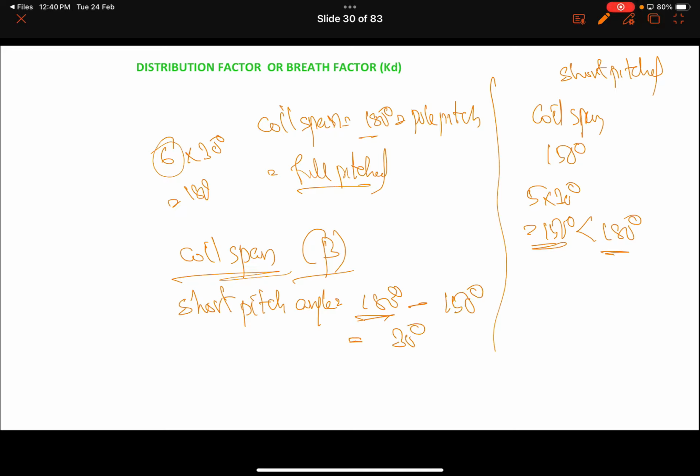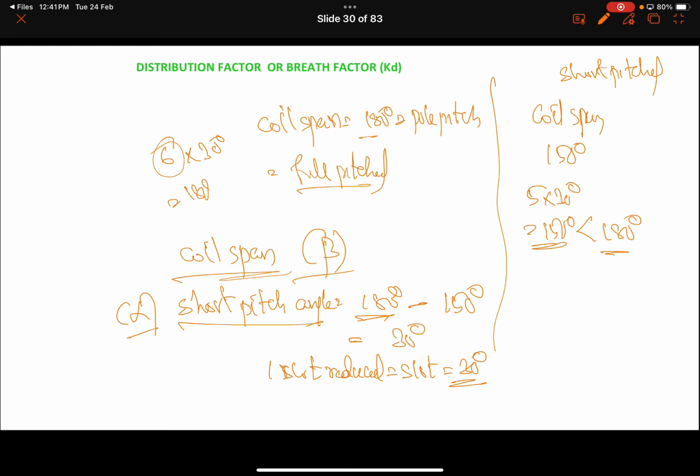Or else you can also say that 1 slot is reduced, which is equal to 1 slot angle, which is equal to 30 degrees. This short pitch angle is represented with alpha.